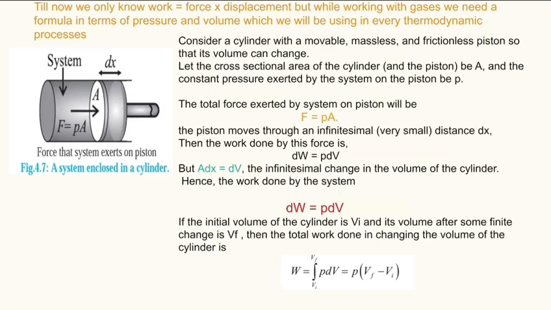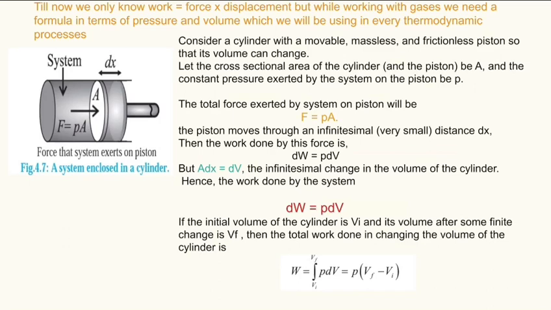But here we have kept pressure constant, that is an isobaric process. So work done in an isobaric process will be the integration of dW. The dW value is P dV. As pressure is constant, it can be moved out of the integration sign, and if we integrate dV, we will get V. Substituting the final and initial values, it will give you P multiplied by Vf minus Vi. This is work done under an isobaric process.